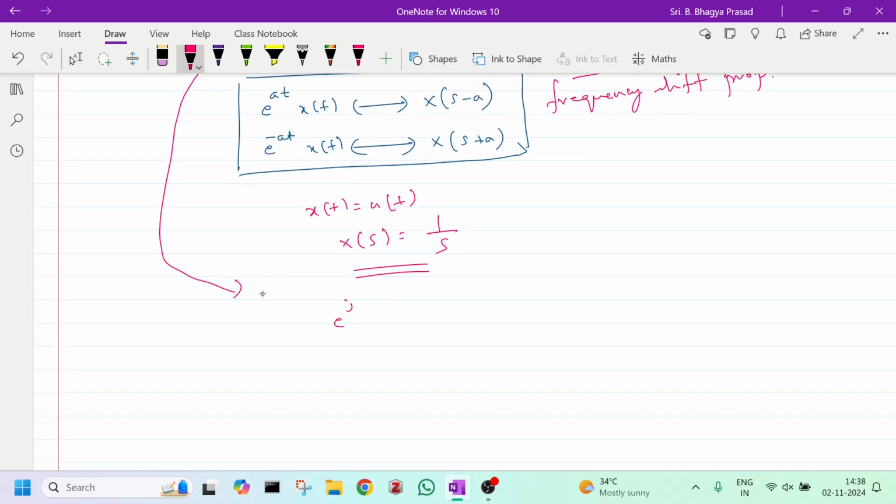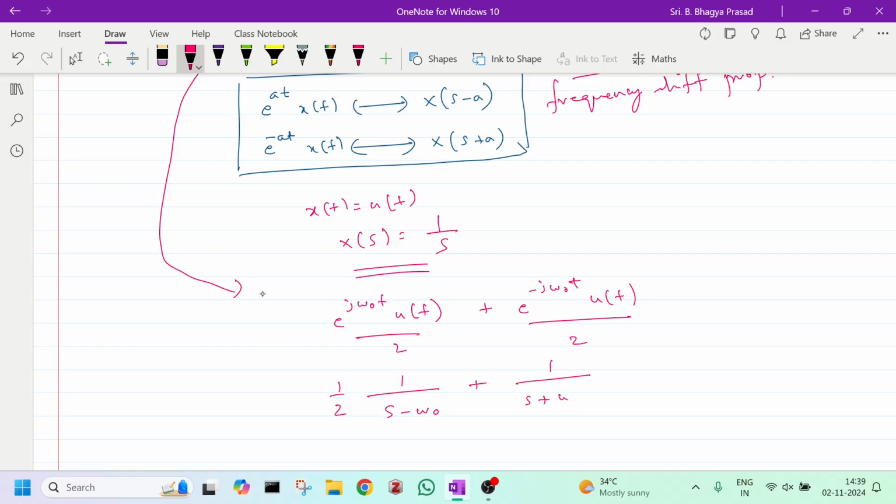For this one, e power j omega naught t u of t plus e power minus j omega naught t u of t. This will be 1 by 2 of, taking common for both terms, 1 by s minus j omega naught plus 1 by s plus j omega naught.